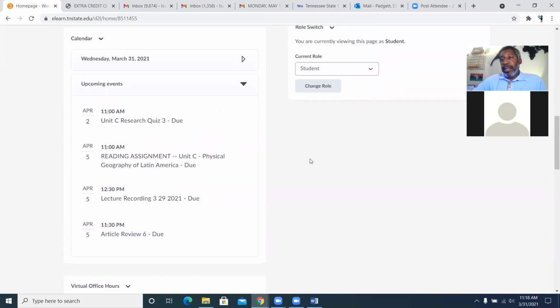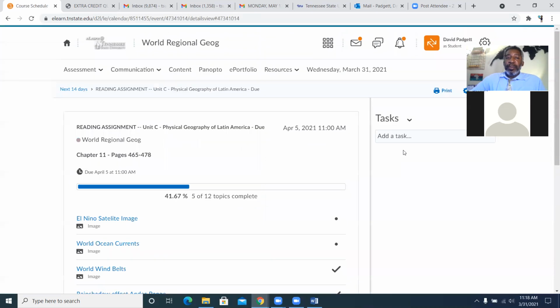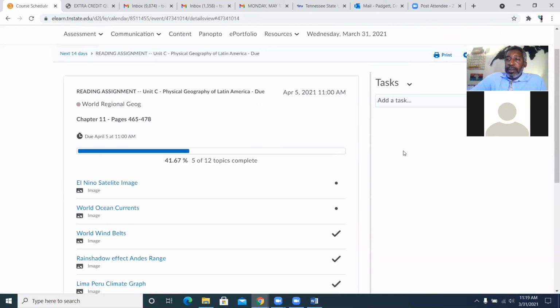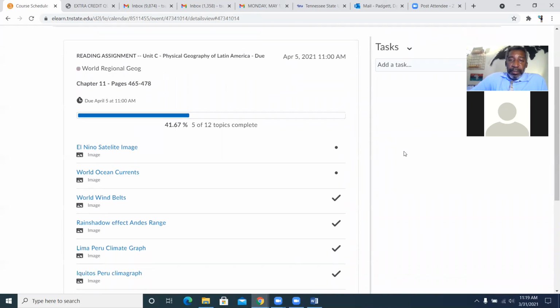Okay, so with that being said, let's move on to this week's lecture materials and discussion materials. If you remember, during the last class period, we started by looking at the climate of Latin America and the Caribbean.